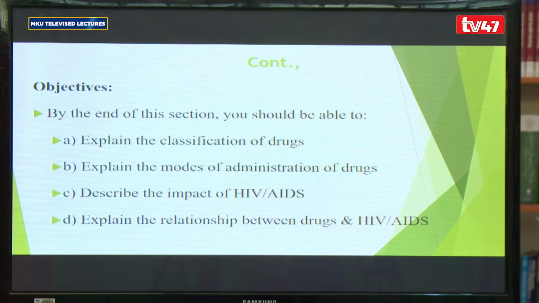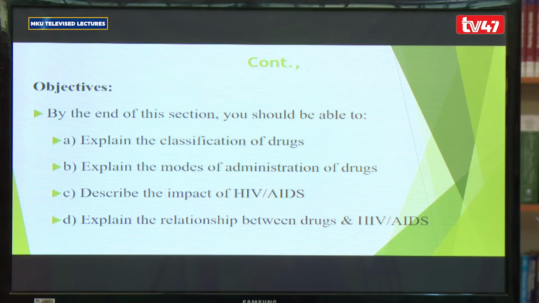Let's look at the objectives. Objective number 1 is to explain the classification of drugs. So by the end of this, I should be able to explain the classification of drugs. The second objective is to explain the mode of administration of drugs, how these drugs are administered.